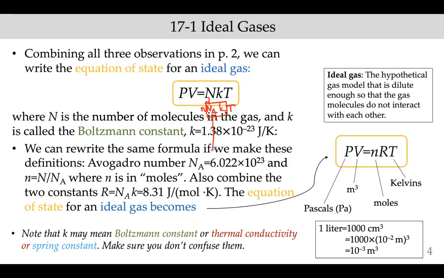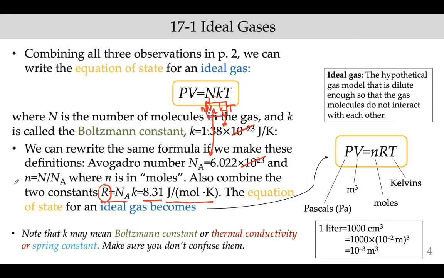Na is this number, k is this number. So if they're both constants, why don't we combine them? If you combine them, then you get another constant, R. If you just multiply these two numbers, you get 8.31 joules per mole per Kelvin.